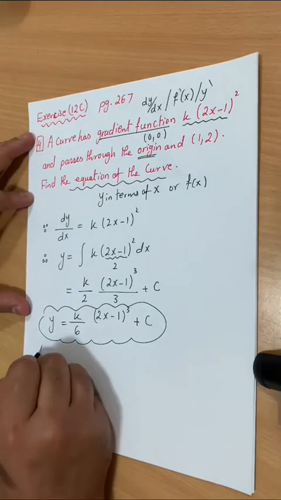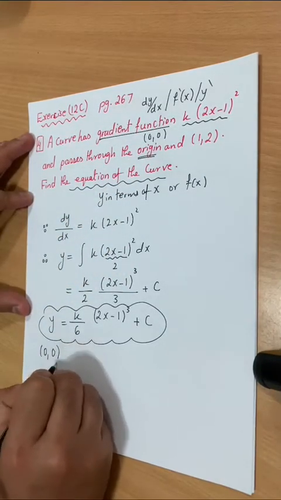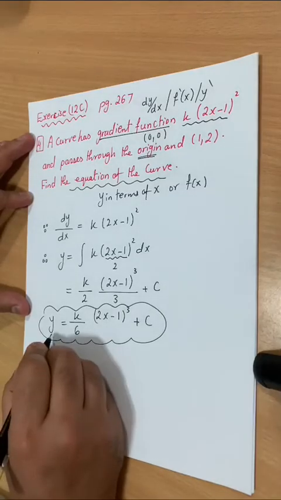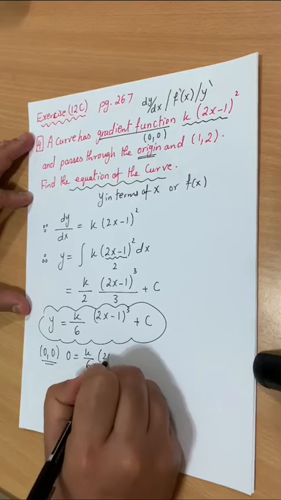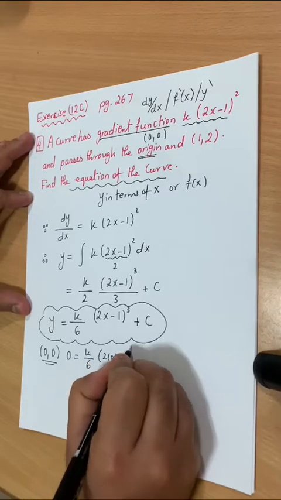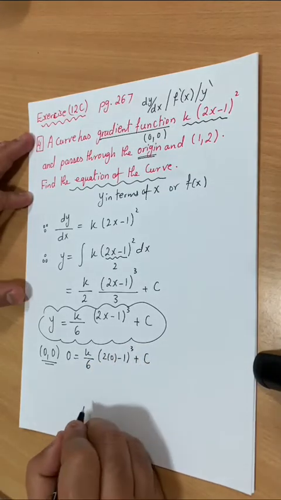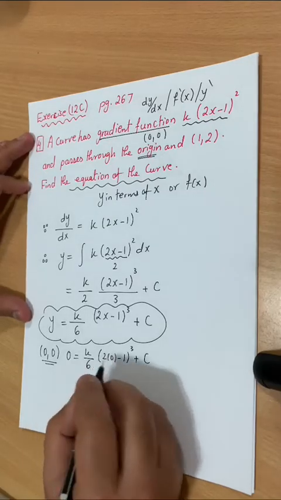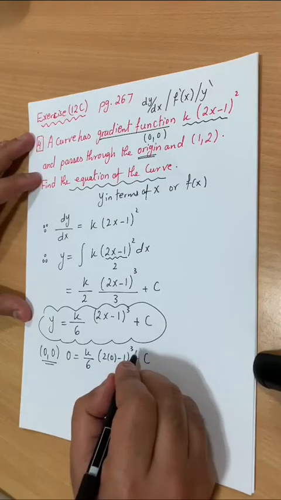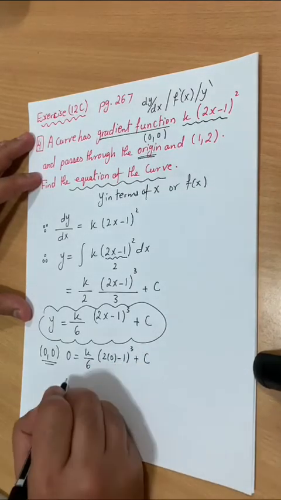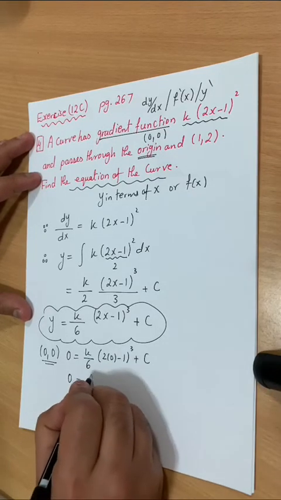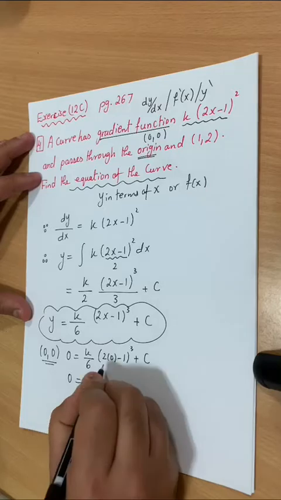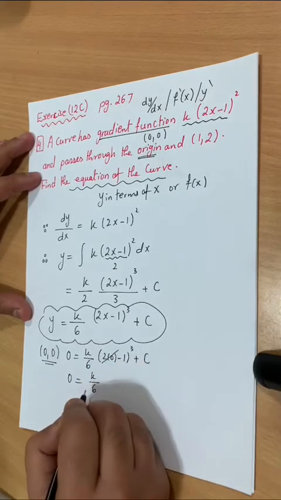I'll use first of all 0 and 0, the origin point. So using 0 and 0, 0 equals k over 6 (2 times 0 minus 1) power of 3 plus c. Then you have to move c to the other side, or just make two simultaneous equations. k over 6, 0 minus 1 power of 3 is negative 1.